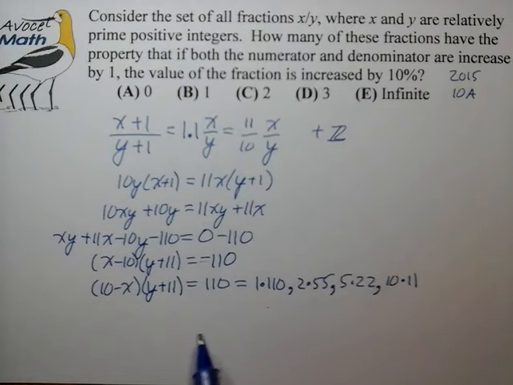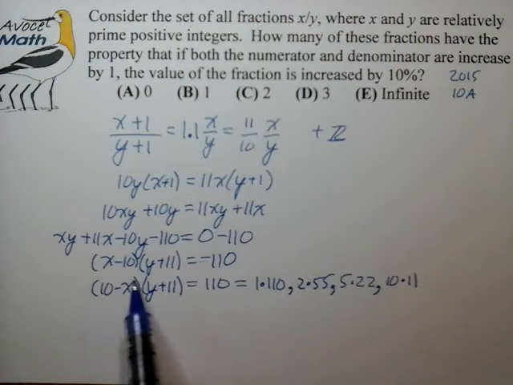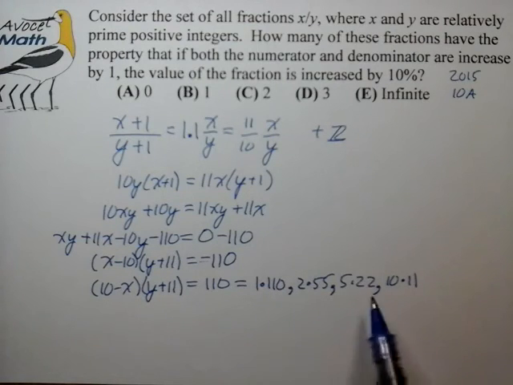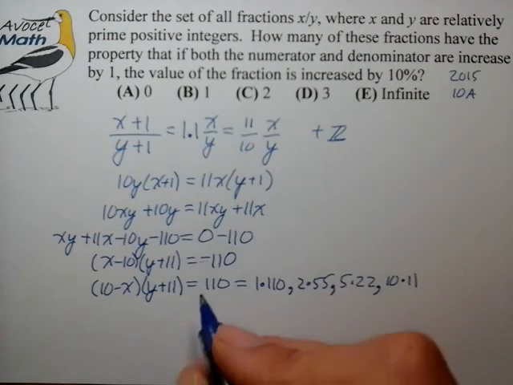Making one further observation, we notice that since x and y are both positive, the left factor will always be less than the right factor. And so, in fact, we have the order of the factors correct here. The smaller number to the left, the larger number to the right. We don't really need to consider the reverse order of these factors, as we may need to do in other types of problems.